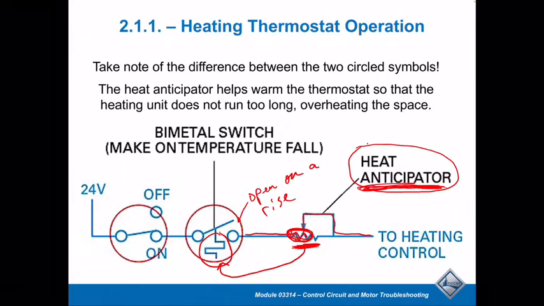They really can't handle more than maybe an amp to 1.2 amps, which would be on the high end, and any more than that, they're just going to get smoked. So you have to be careful with those types of things. But that's one way that they do that on the heating thermostats.